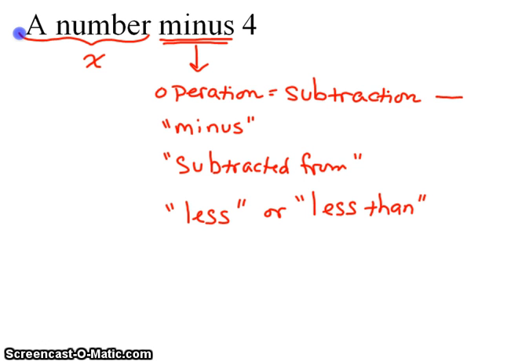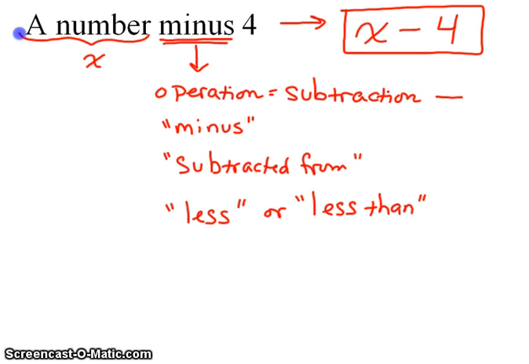So now we have a number minus 4. What are we doing? We are taking the number and subtracting 4 from it. Now you have to pay attention to the order as well. If you wanted to use subtracted from, you would say 4 subtracted from a number.